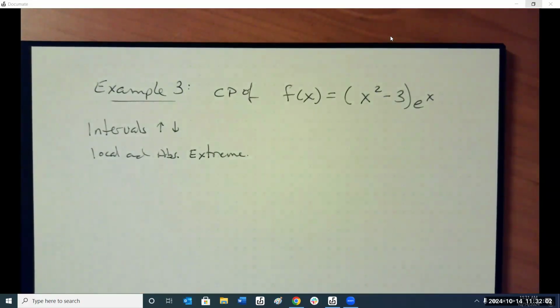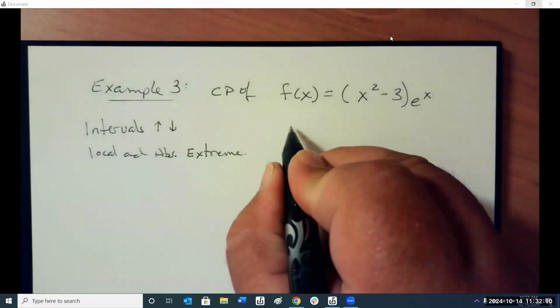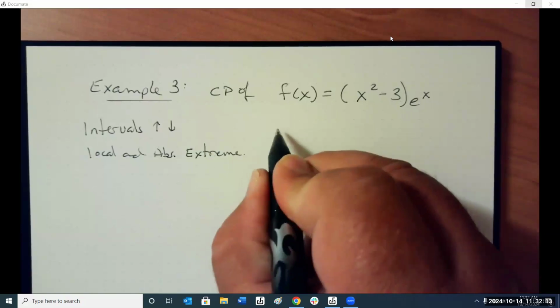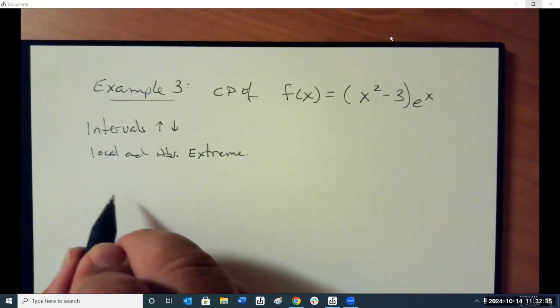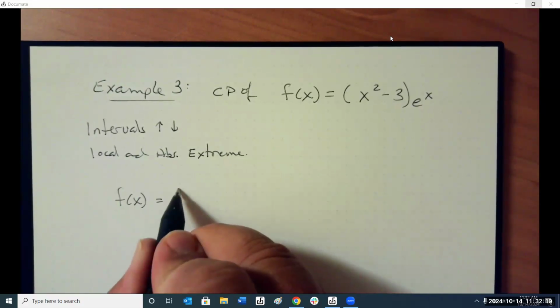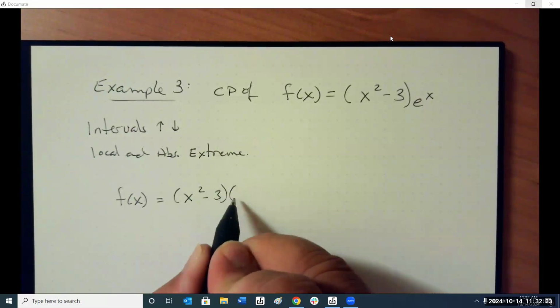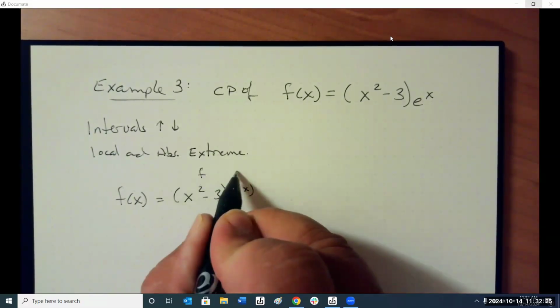All right, so again, the first thing we have to do is find our derivative. Now it's going to be pretty tricky because we have our function, x squared minus 3 times e to the x. This is f and this is g.